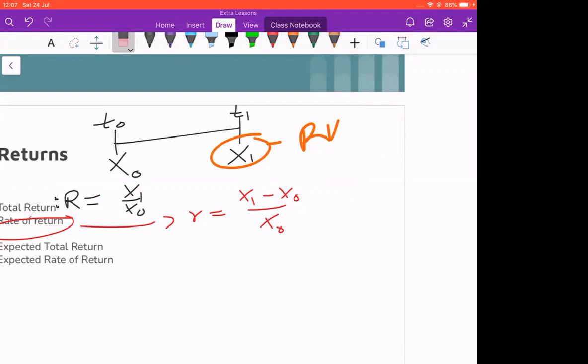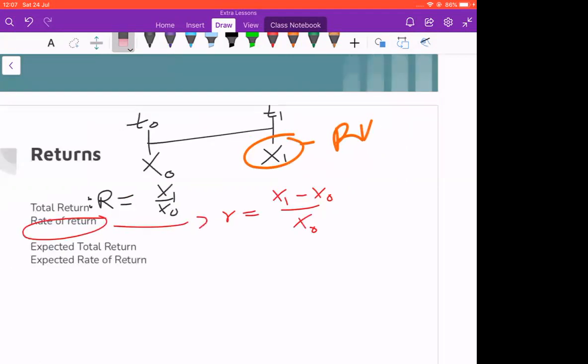To find the return, we know that R bar is equal to the expectation of R. And we know that only X1 is a random variable, so you find X1 bar over X0.